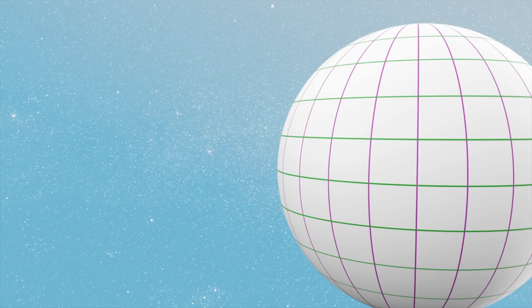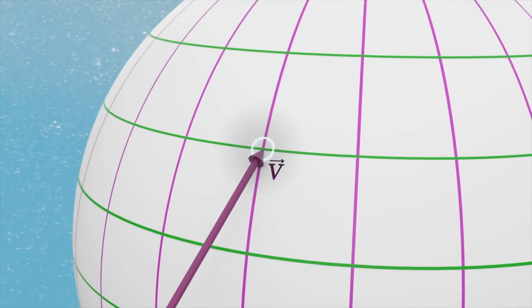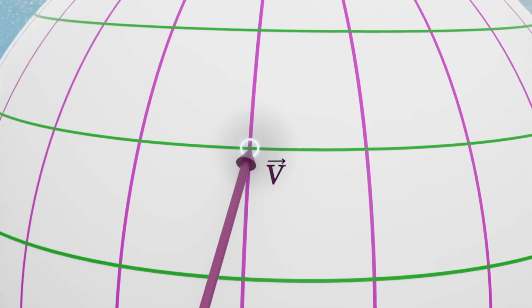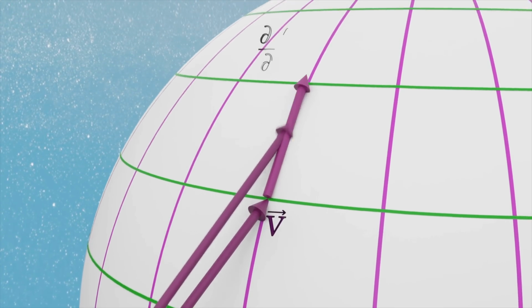Like before, we can get our basis vectors by drawing out a vector from some origin of our 3D space to our point of interest along the coordinate curves, and then taking the partial derivatives of this vector with respect to the u and v coordinates.